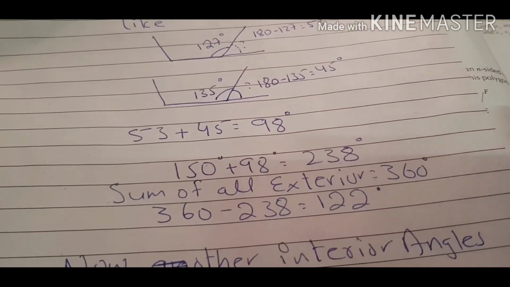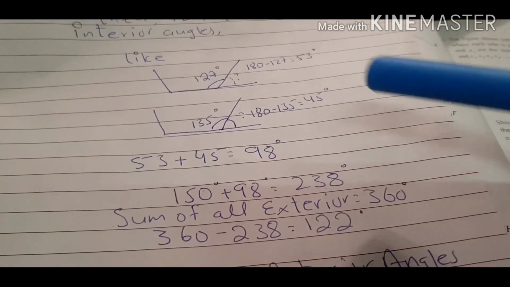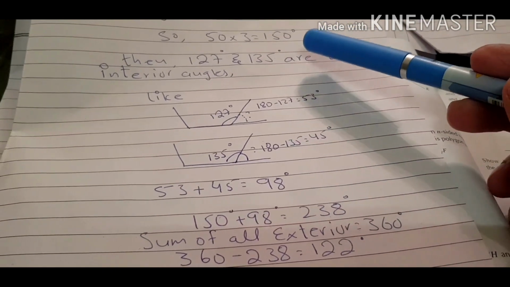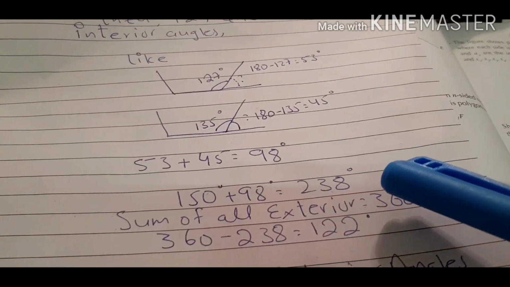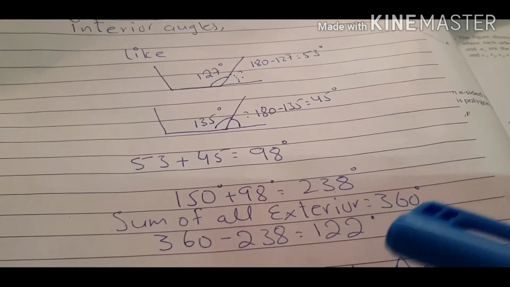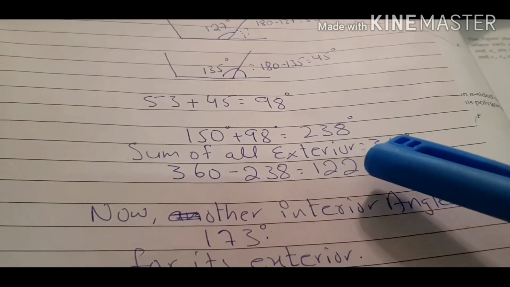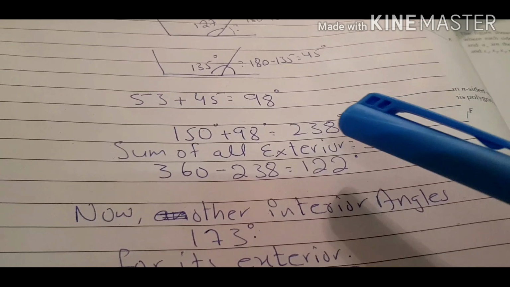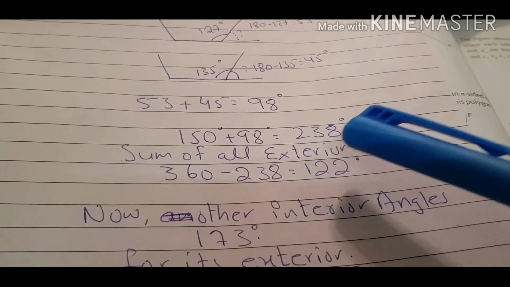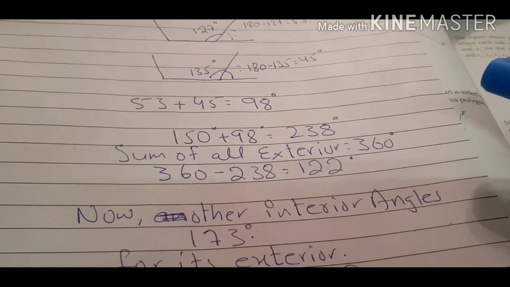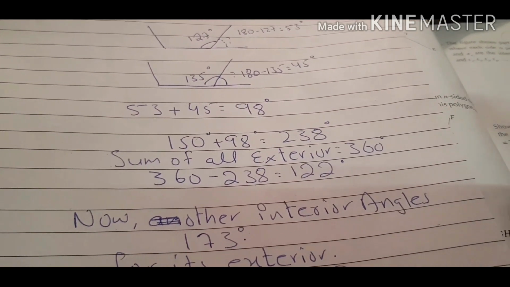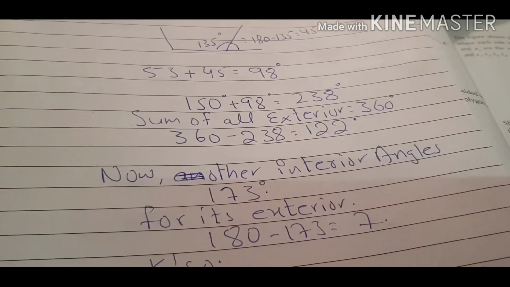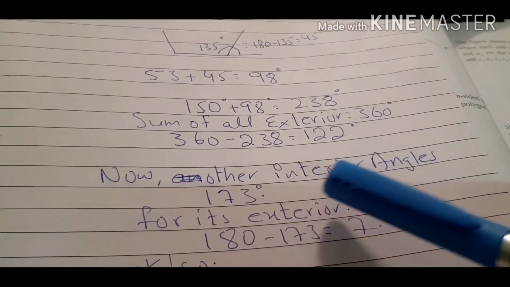98 plus 150 degrees gives 238 degrees, and if we subtract that from 360 degrees, we get 122 as the difference. That means this is the total exterior angle we are remaining with. It can be divided into different angles, or it can be only 122 degrees. The last part of the question says the other interior angles are 173 degrees each.